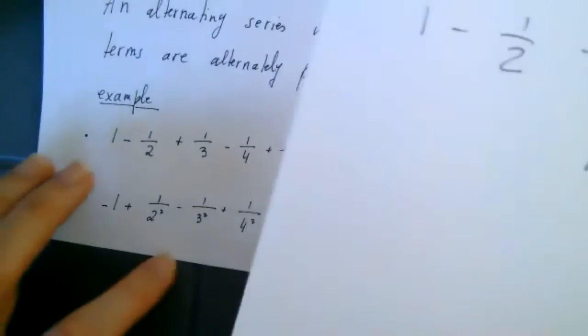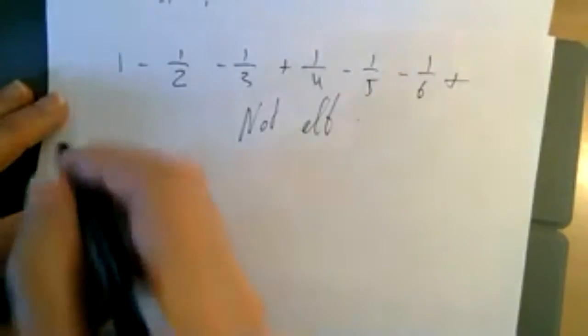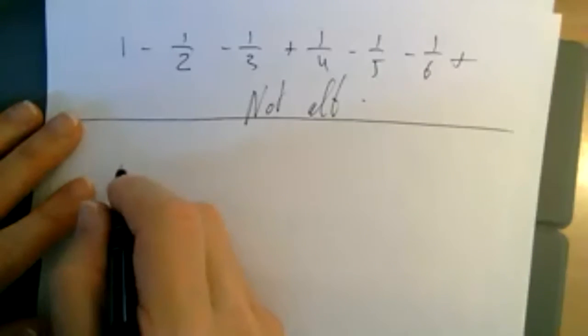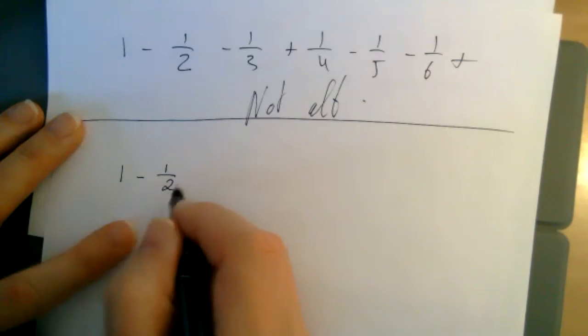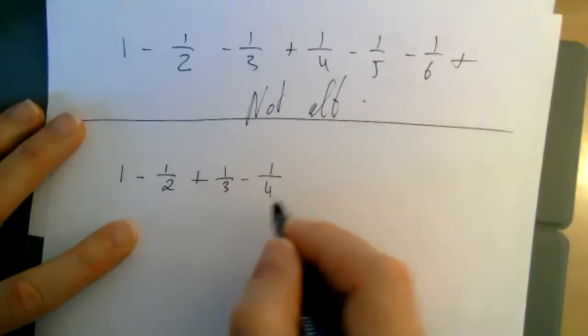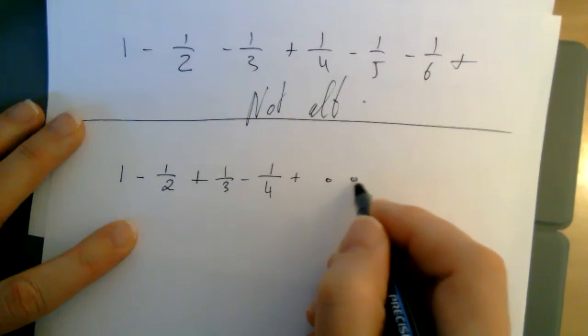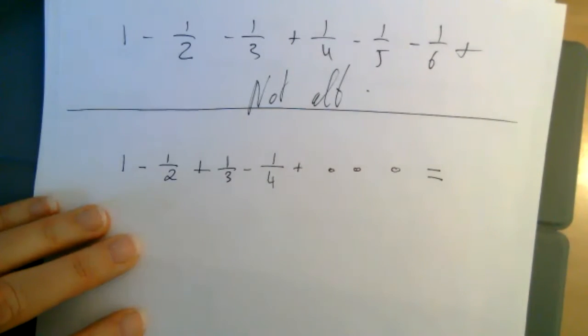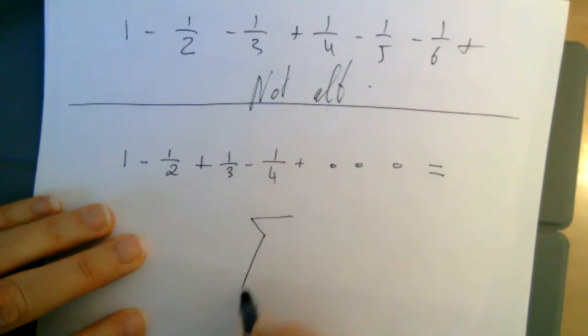Now let us remember how to write those alternating series in sigma notation. We have 1 minus a half plus a third minus 1 over 4 plus so on and so forth. Let's see how I can write it in sigma notation. This is a sum.